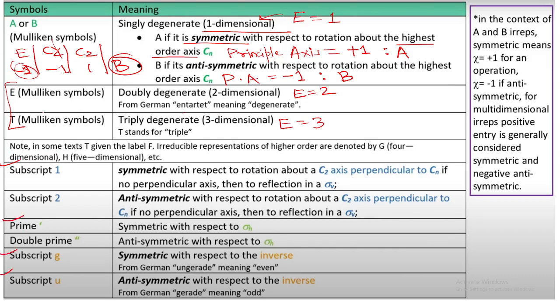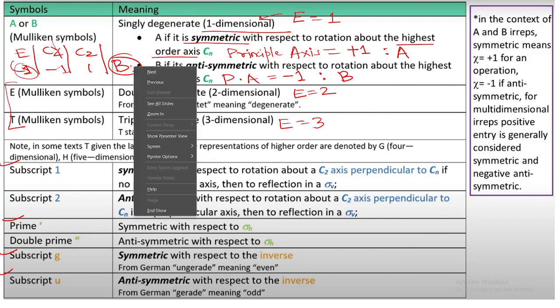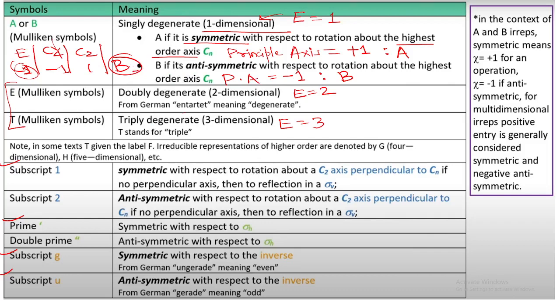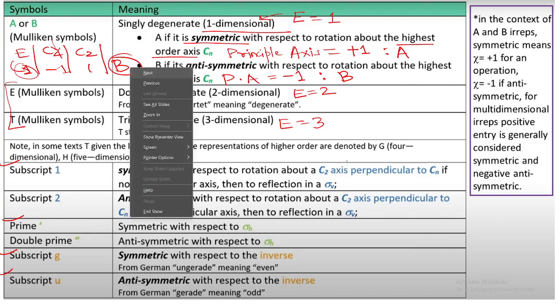For example, this C2 as I have given will be perpendicular to this principal axis. The character under this is 1, so we write the subscript 1.